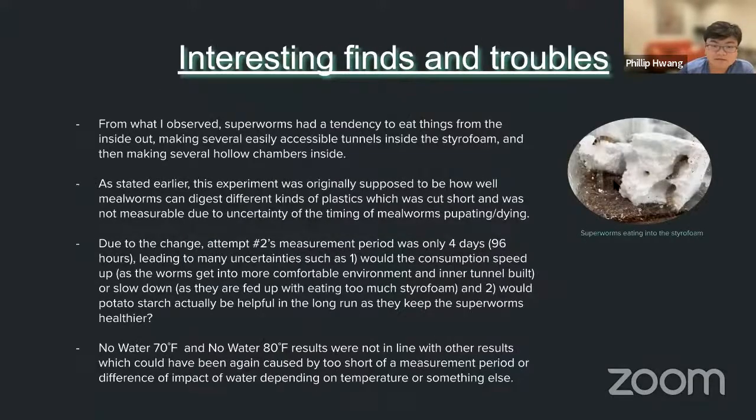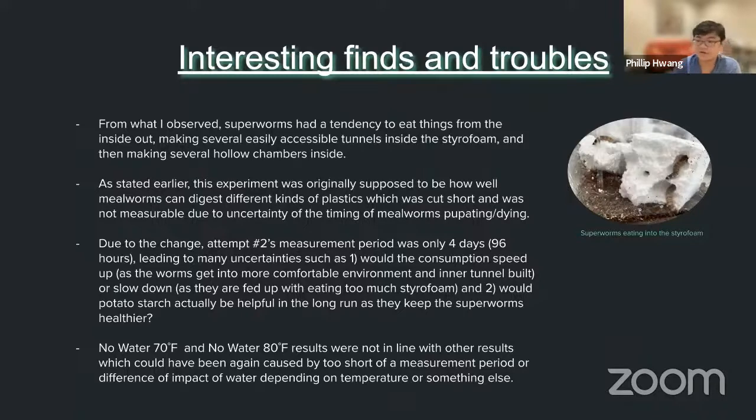So these are the things I found interesting and some troubles I had. Like I said, this experiment was supposed to be about what kinds of styrofoam mealworms eat. Unfortunately, that experiment did not go well, so I had to change it and improve on its flaws.